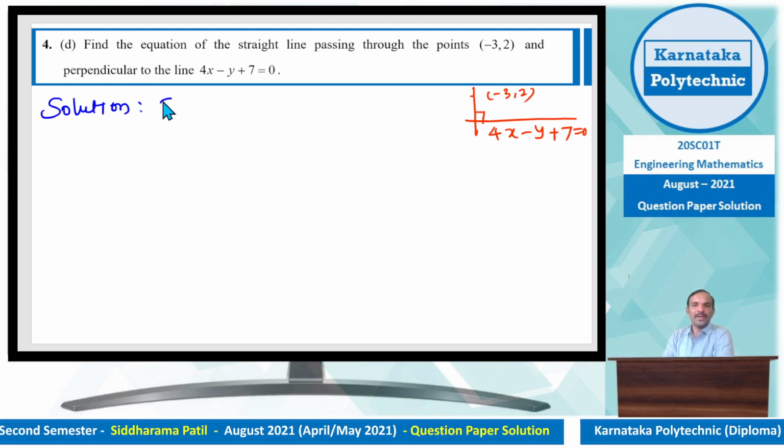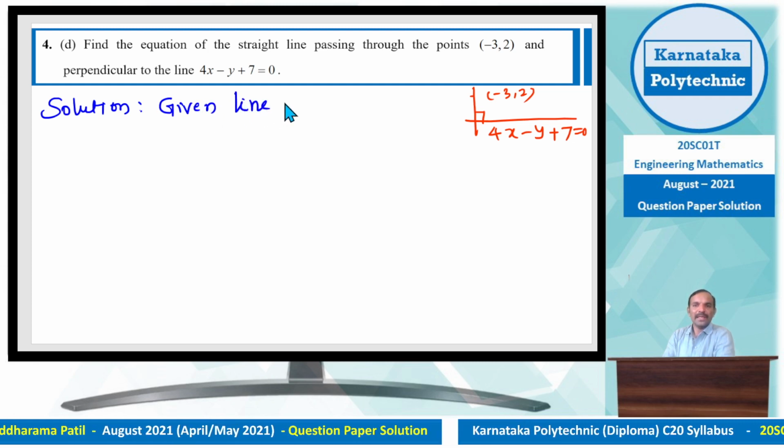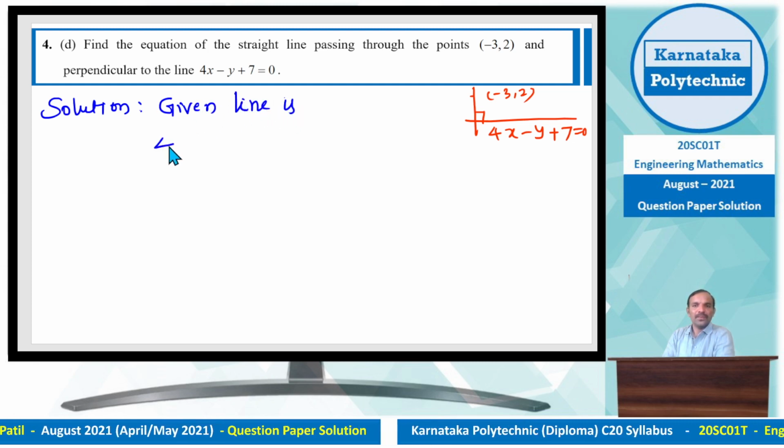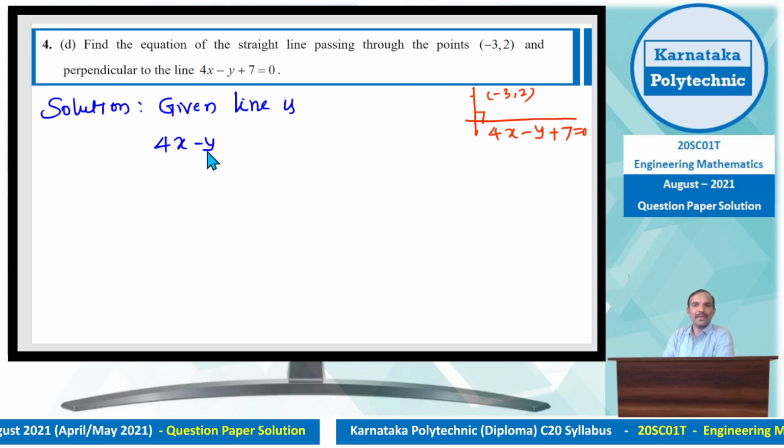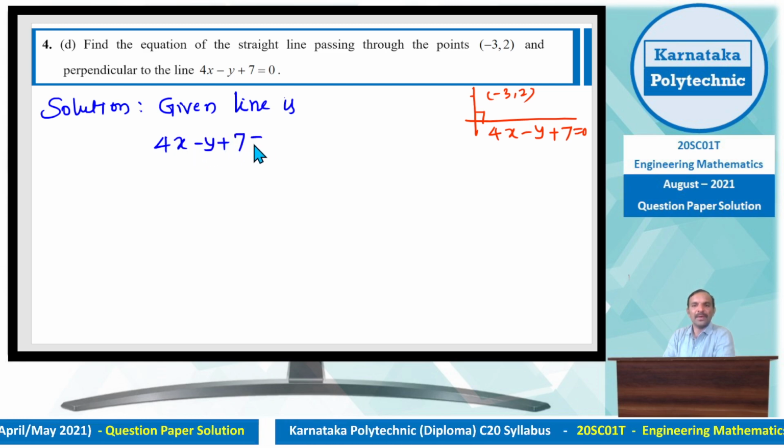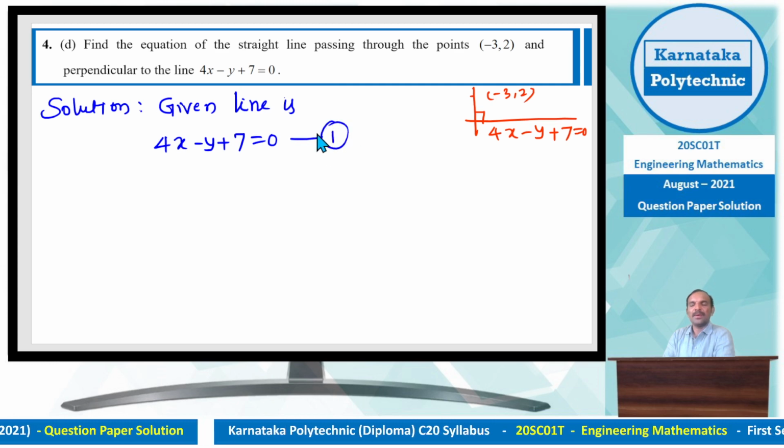Solution. Given line is 4x minus y plus 7 equal to 0. Equation number 1.